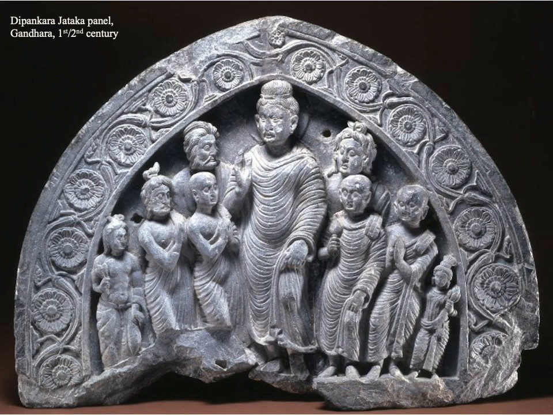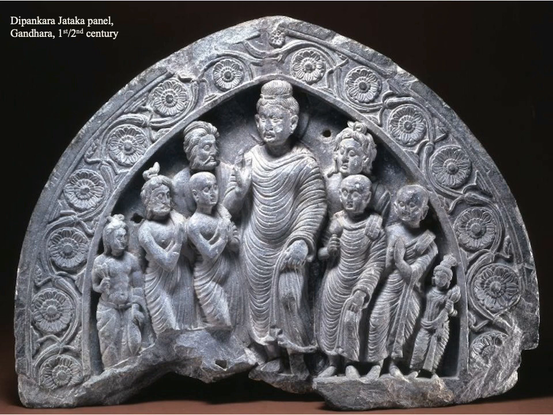This image is of a panel which shows an event from the life of the Buddha, and this dates to the 1st or 2nd century CE, and it is from Gandhar. Now, this is Gandhar I will be coming to in a minute.